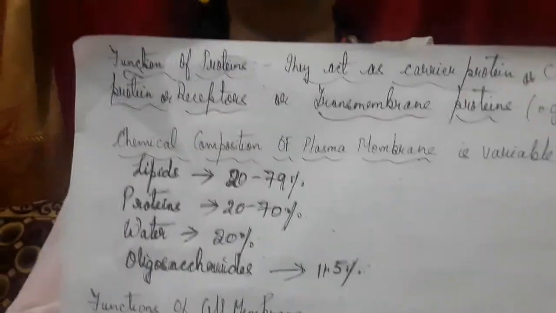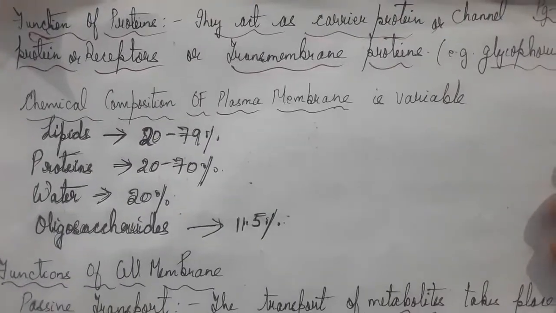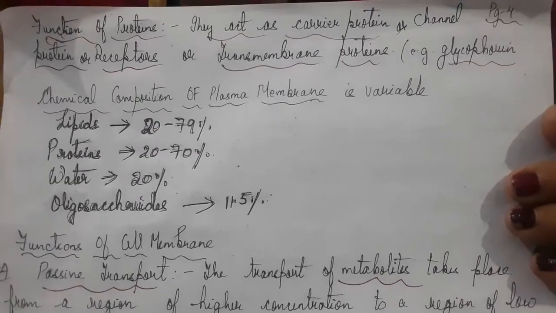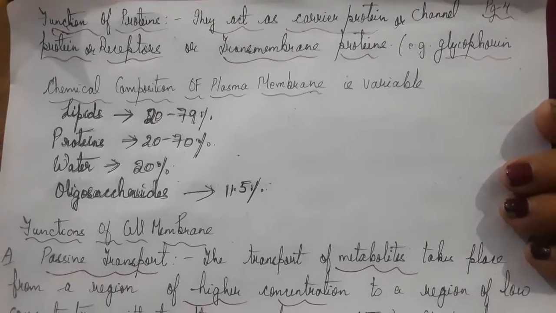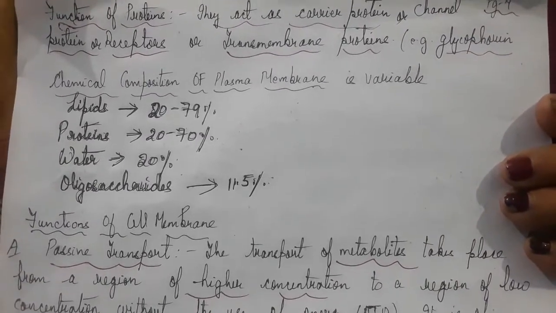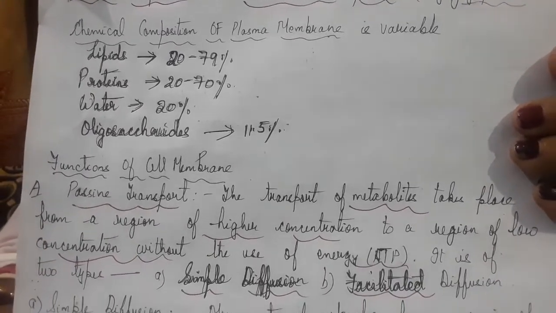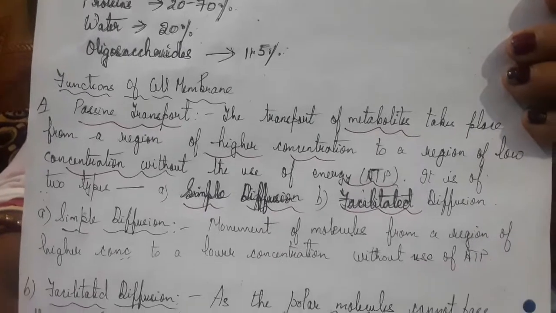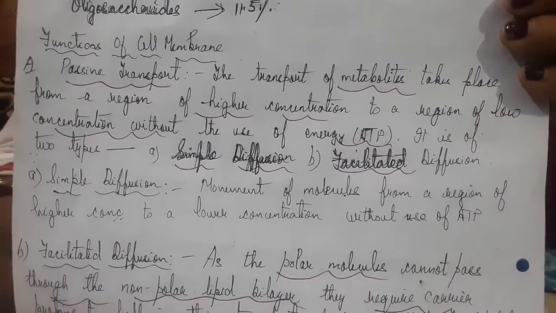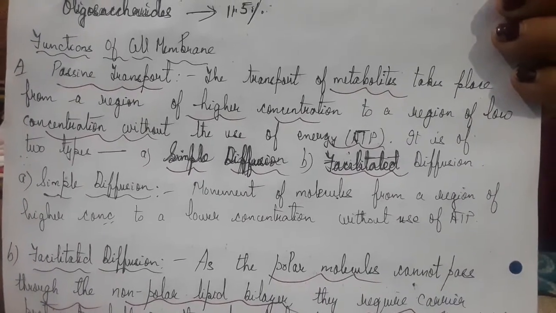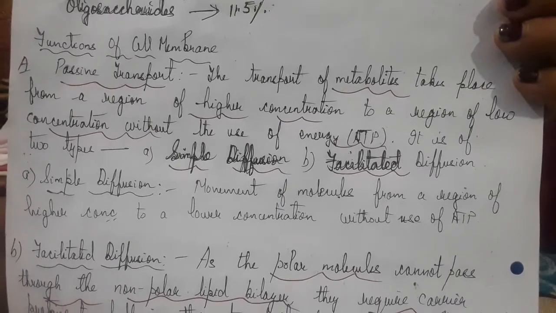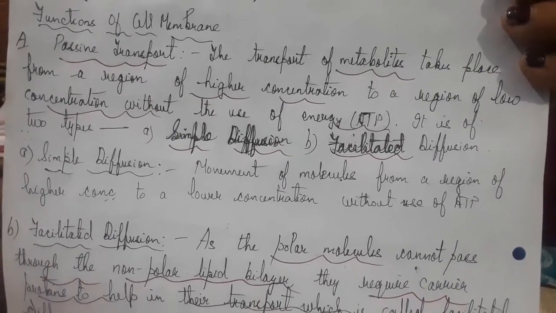According to your syllabus, you have to lay more emphasis on the fluid mosaic model proposed by Singer and Nicolson. You may be asked a question like, what do you mean by the quasi-fluid nature of the cell membrane or the lipids? The proteins appear as globules embedded in the lipid bilayer, just like a mosaic.